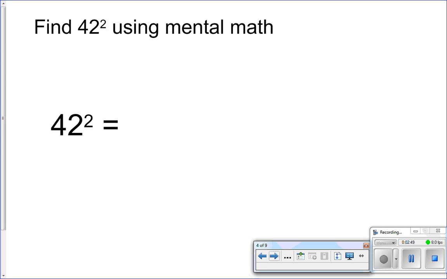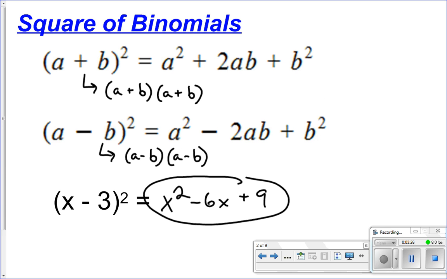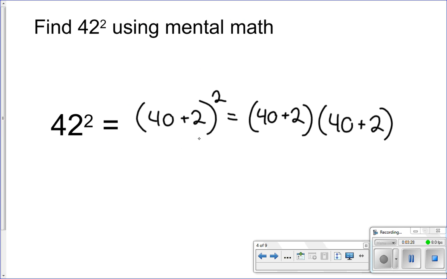Alright, so now let's say we need to find the square of a number that is really big and we don't know it off the top of our head. For example, 42. We can do this not necessarily by doing mental math, but by writing it out as (40 + 2) squared, because 40 plus 2 is 42. Or I can write this as (40 + 2) times (40 + 2). You could use the formula for the square of the binomial, or you could work it out.